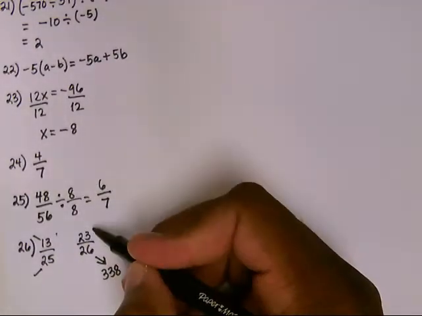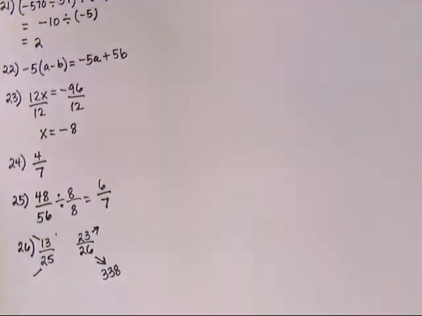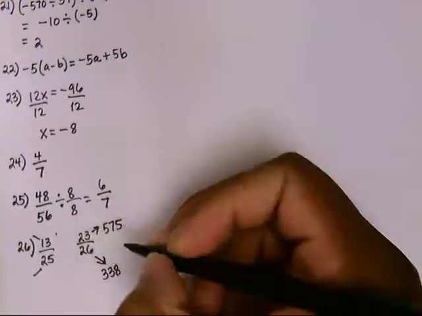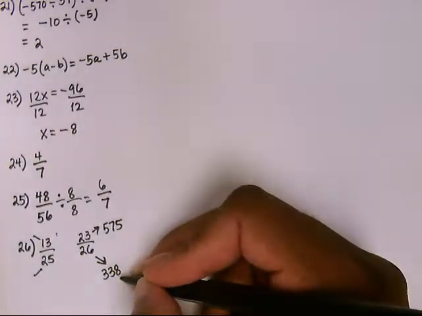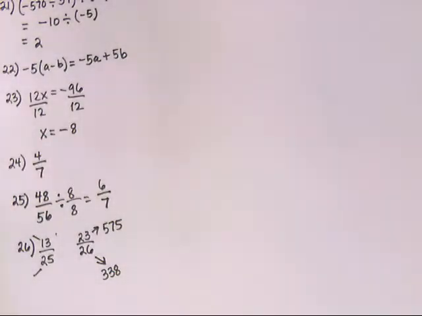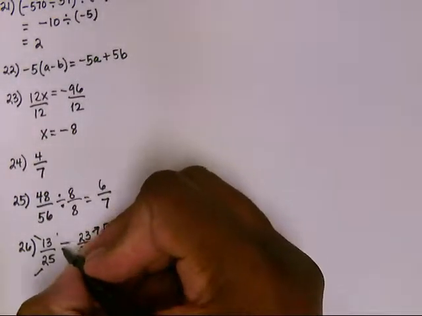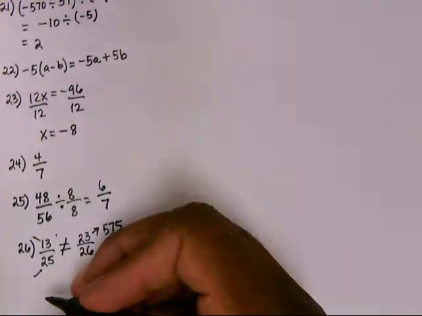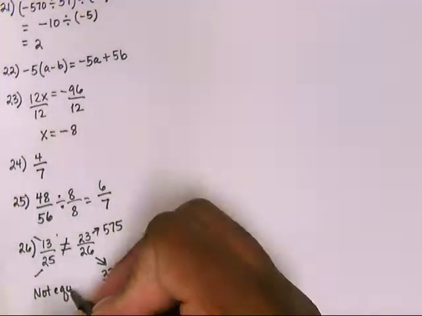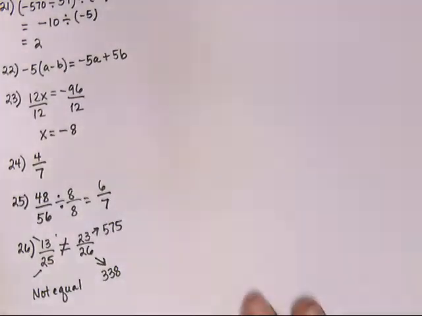And then the cross product of 25 and 23, so 25 times 23 would give me 575. Now these cross products must be equal in order for these two fractions to be equal. In this case, they're not. So these fractions are not equal to each other.